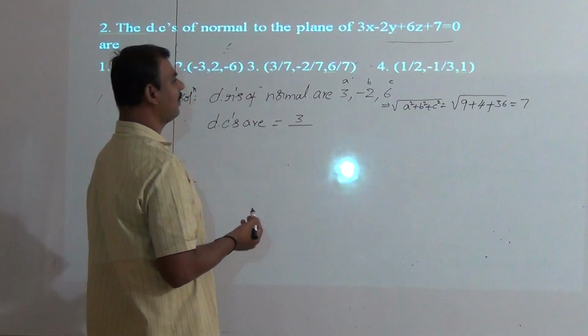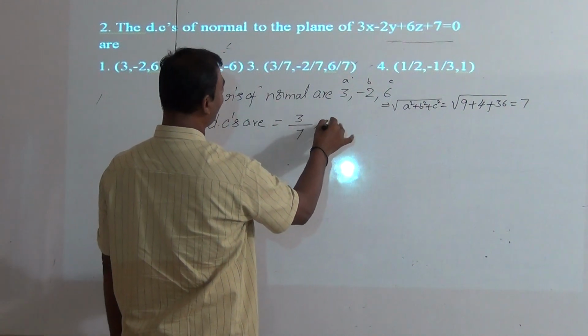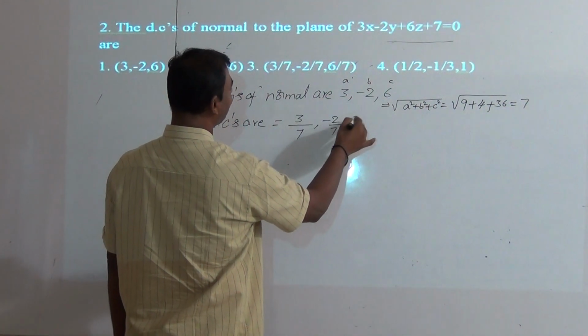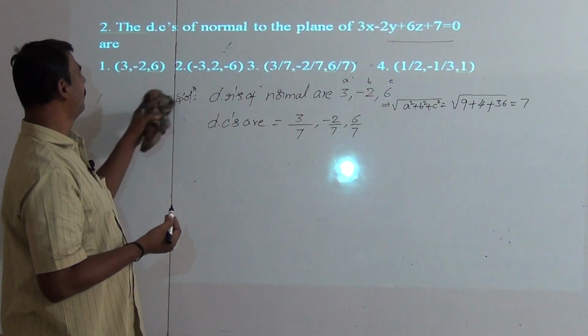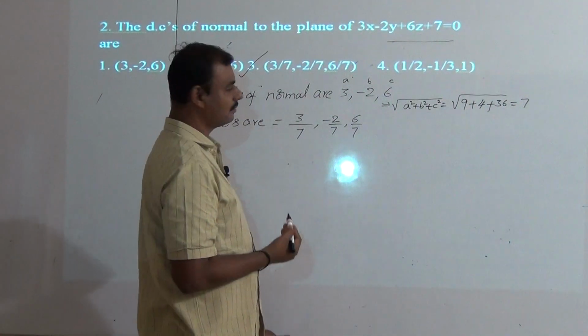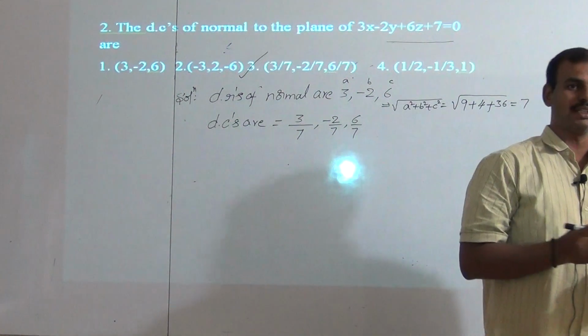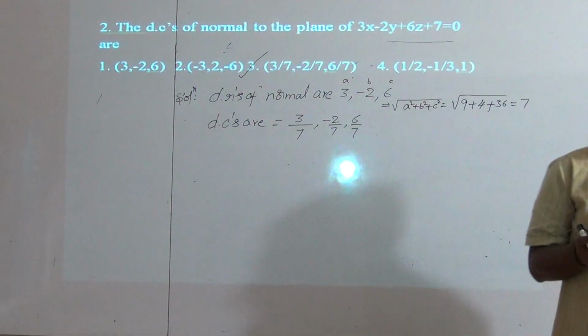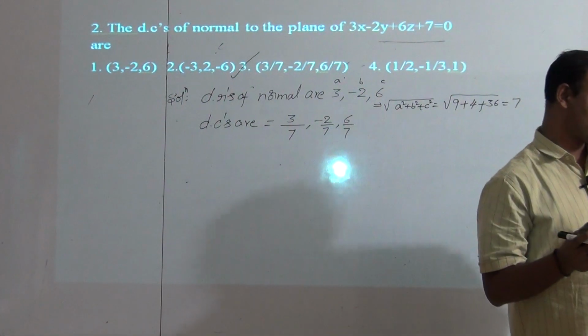So the direction cosines are 3 upon 7, minus 2 upon 7, 6 upon 7. Which is the right answer? Option number 3 is the right answer. Very simple model in 3D. You can easily score in this problem. One more thing I have to say, the theory part should be practiced more and more.